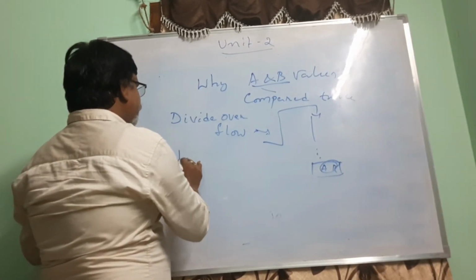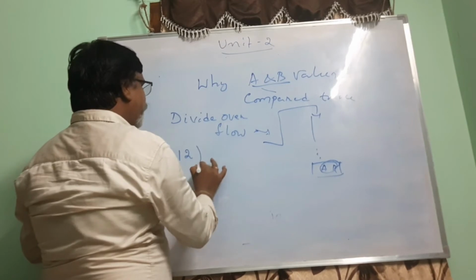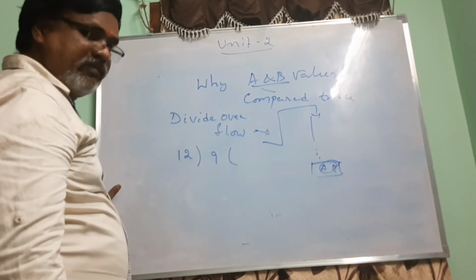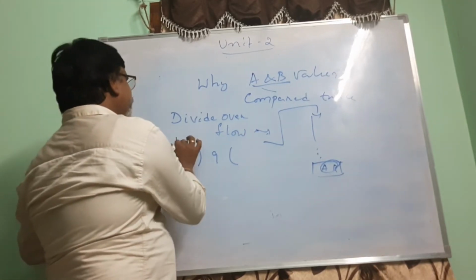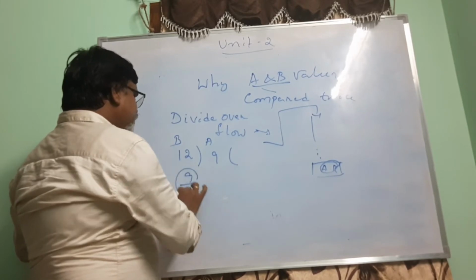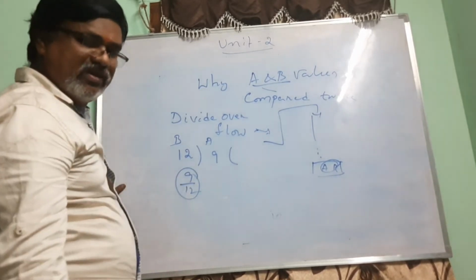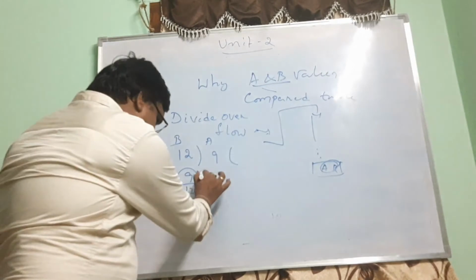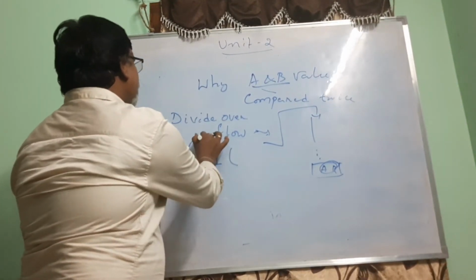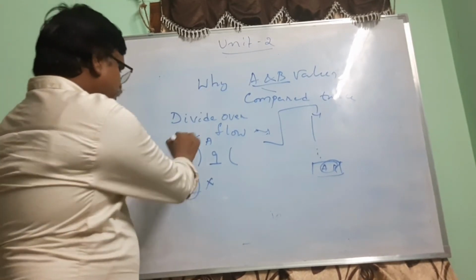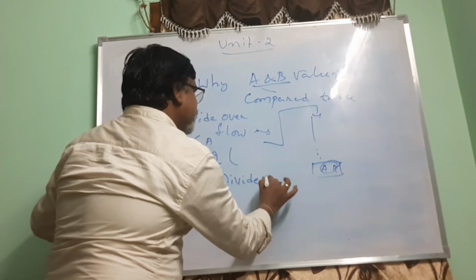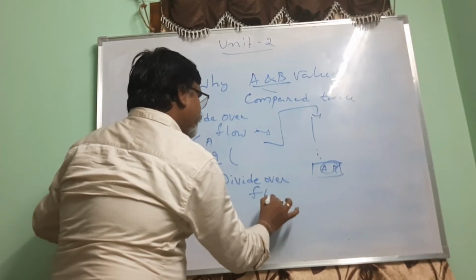I will explain by taking one numerical example. Suppose you want to perform this operation in fixed point or integer representation, where this is B and this is A, meaning 9 by 12. Is it possible in integer division? No, it is not possible, because A is less than B. At this point we call this situation divide overflow.